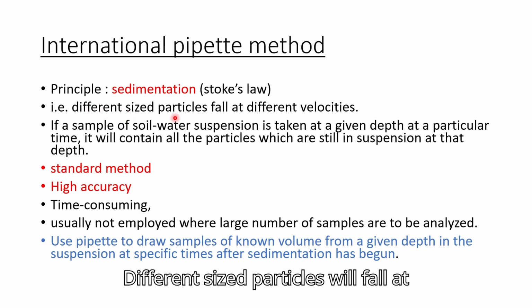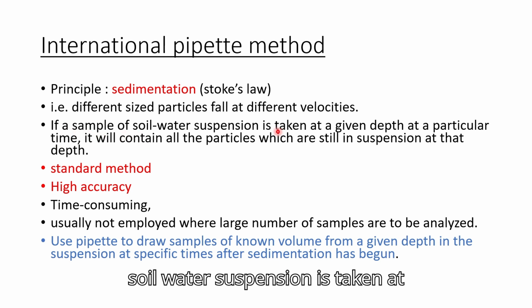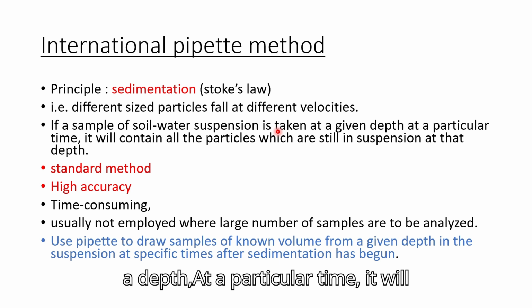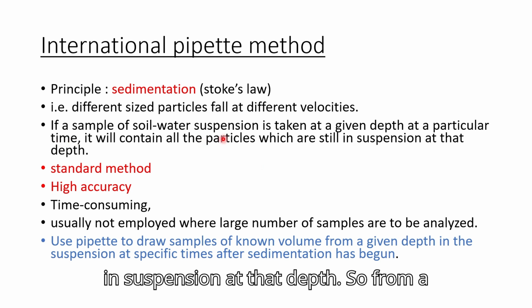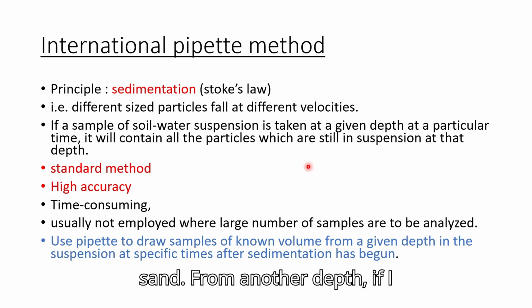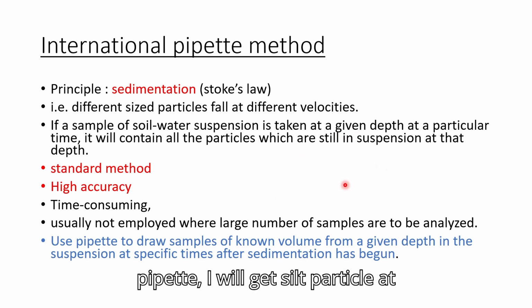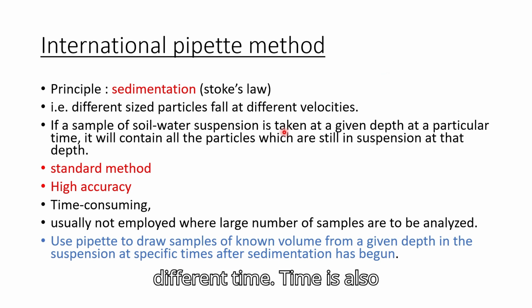Different sized particles will fall at different velocities. So if a sample of soil water suspension is taken at a depth at a particular time, it will contain all the particles which are still in suspension at that depth. From a given depth, if I pipette, I will get sand. From another depth, if I pipette, I will get silt particles. Time is also important.